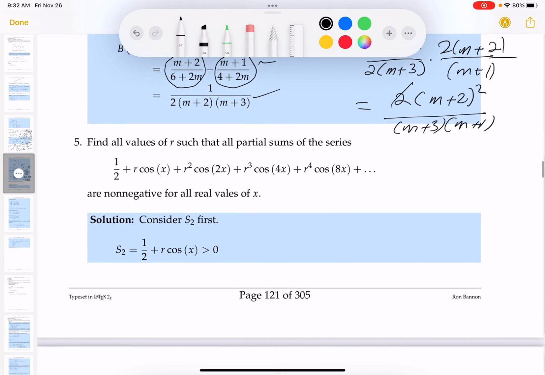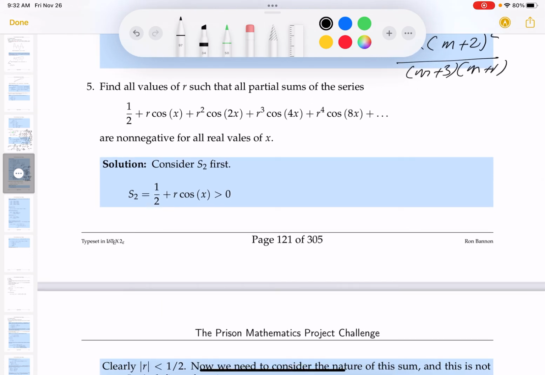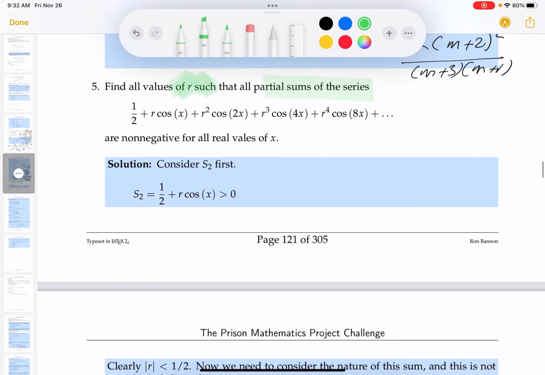Okay, this one, to me, number 5, is probably the most difficult problem. And granted, I'm not saying I've done it the best way, but I do want to just briefly go through it. I realize I'm coming to the edge of the clock at this point. But what we'll do is find all the values of r. They want to find all the values of r where the partial sums of the series are going to be non-negative.